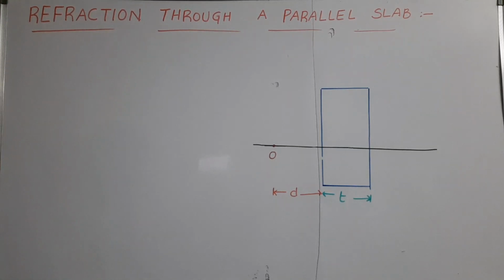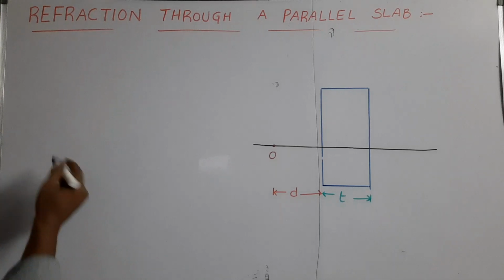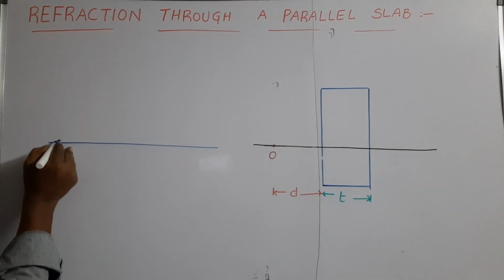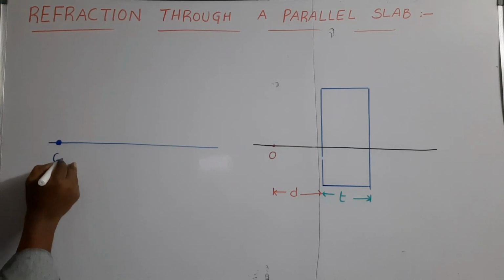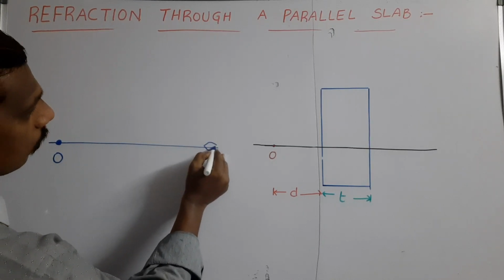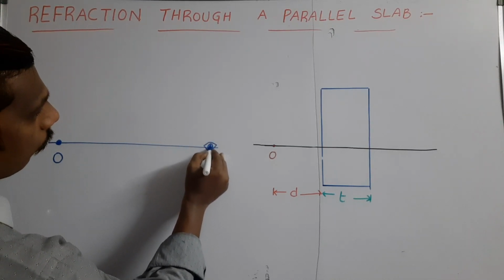So actually, suppose this object, you take it as O, is placed at a distance of x meters from the eye.